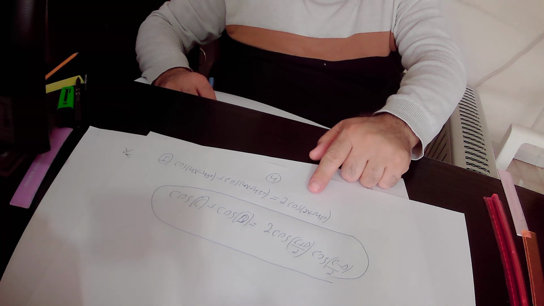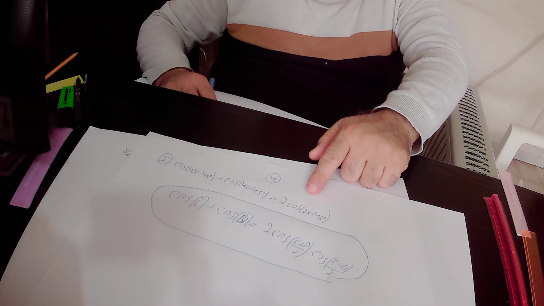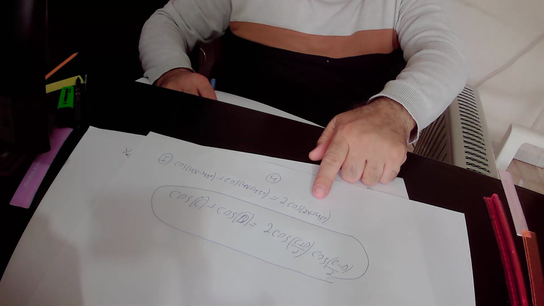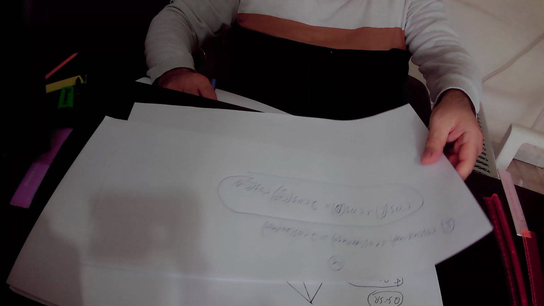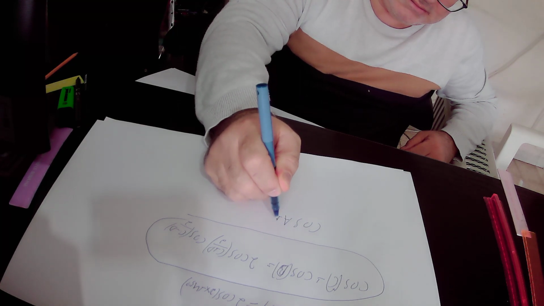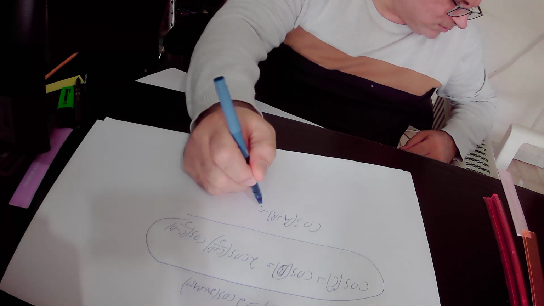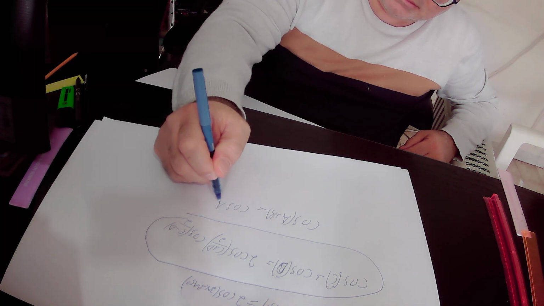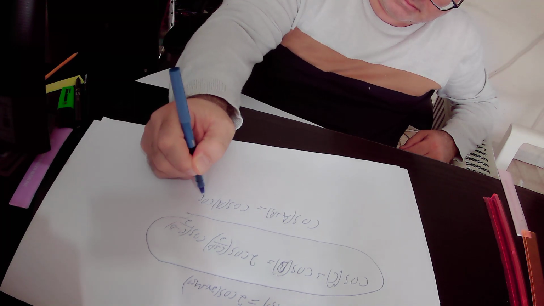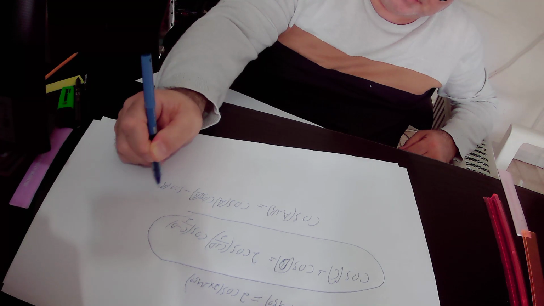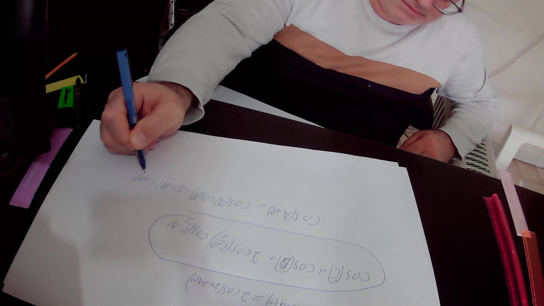And to simplify the other side of equation number 1, we have cosine 2x plus 45 degrees, which looks like cosine A plus B. So we will use the trigonometric identity for cosine A plus B, which equals cosine A cosine B minus sine A times sine B. Okay?